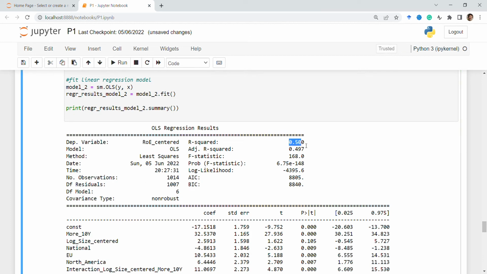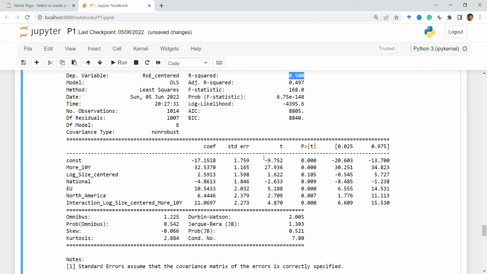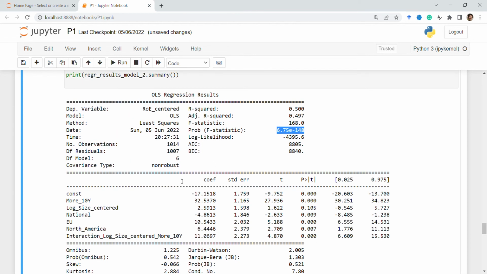We are explaining 50% of the variance, and let us see the coefficients. The p-value is significant, so this model is useful.